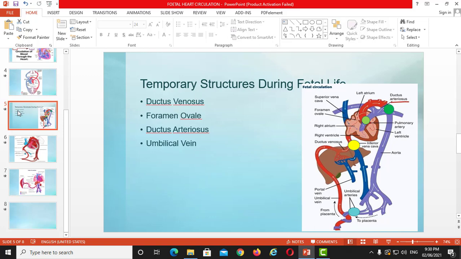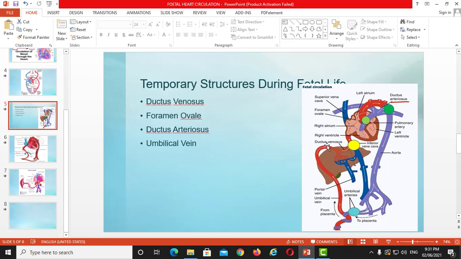Then we see structures which convert into other structures. The umbilical vein converts into the ligamentum teres. As soon as the baby is delivered, we clamp the umbilical artery and cut it.